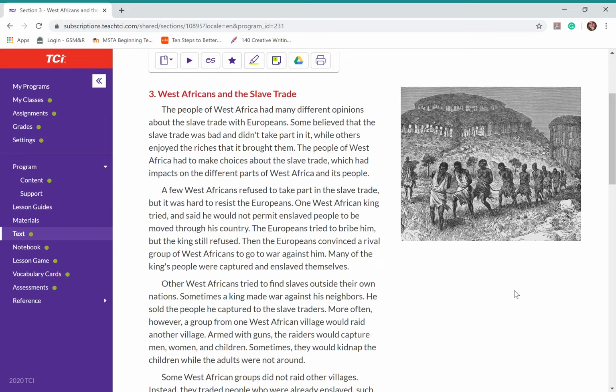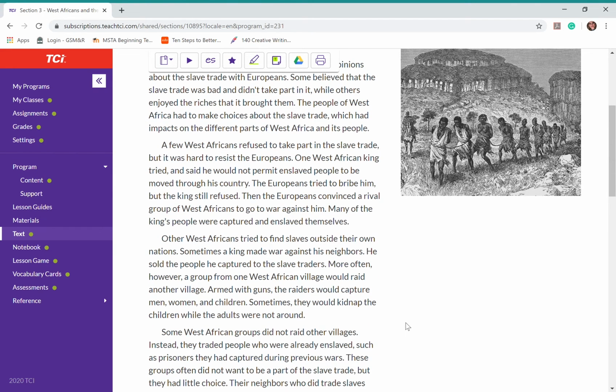And eventually some people would have to give in because Europeans would try to bribe them, threaten them with war, and fight with them. So it was a messy situation. Some people tried to stop this or not be a part of it, but they sometimes had to because they were forced into it.